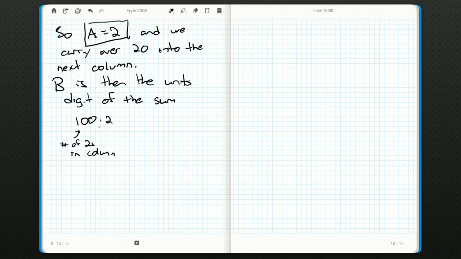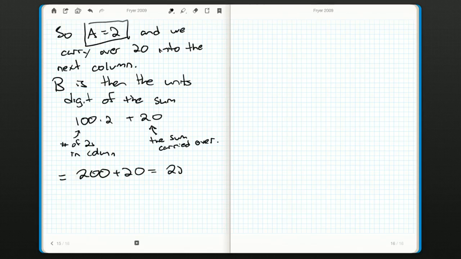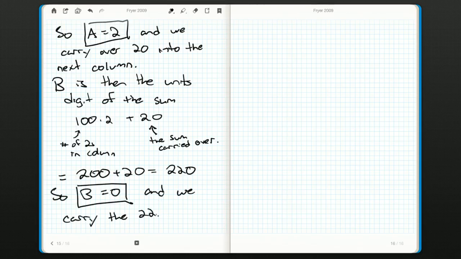The number of 2s in the column, we're adding up 102 twos, and 20, which is what we carried over into this column. So that's going to be 204 plus 20, 224, so the digit is 4... so just 220 as the sum. So B equals 0, we'll highlight it and continue on. And we carry the 22.